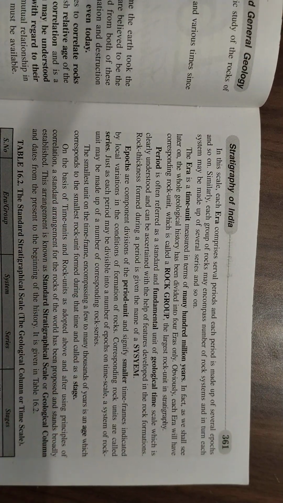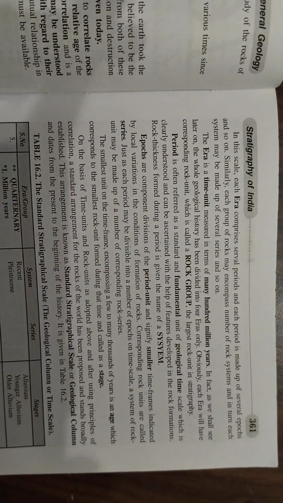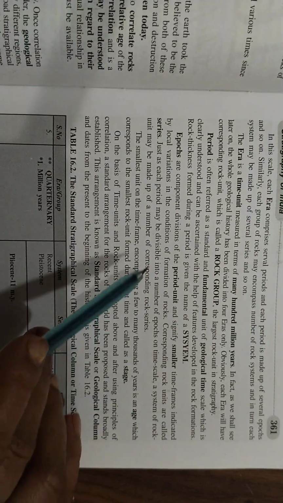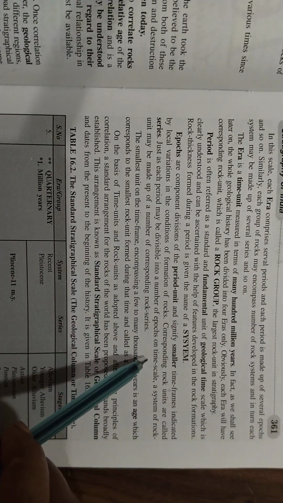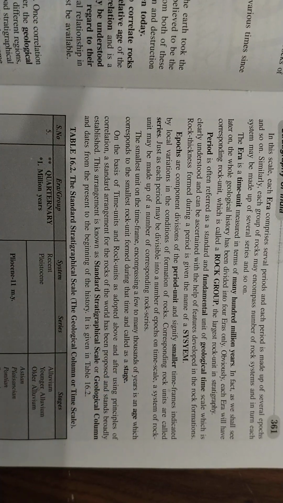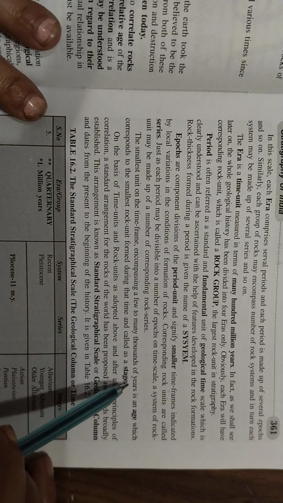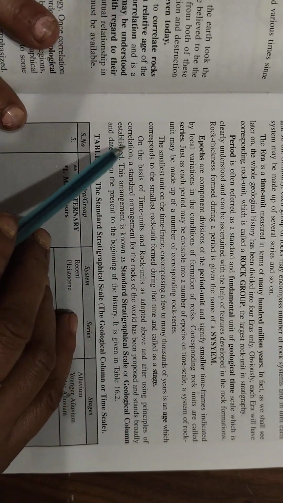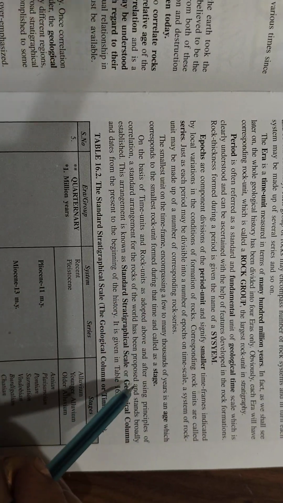The smallest unit on the time frame encompasses a few to many thousands of years in age, and corresponds to the smallest rock unit formed during that time, and is called a stage.